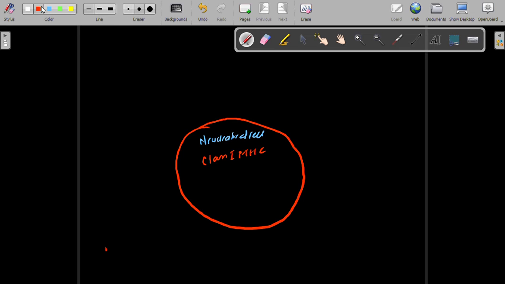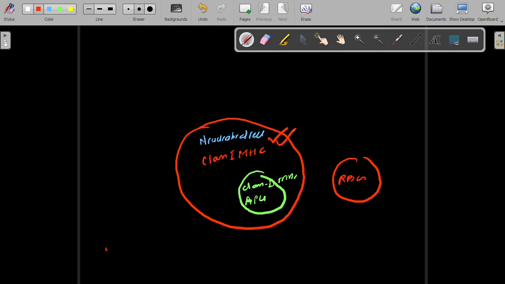And here class 2 MHC is present, and this is present on the APCs, and another cell is there, that is RBC, that is a normal cell. Okay, so the nucleated cell contains MHC class 1, and the antigen presenting cell contains MHC class 2.